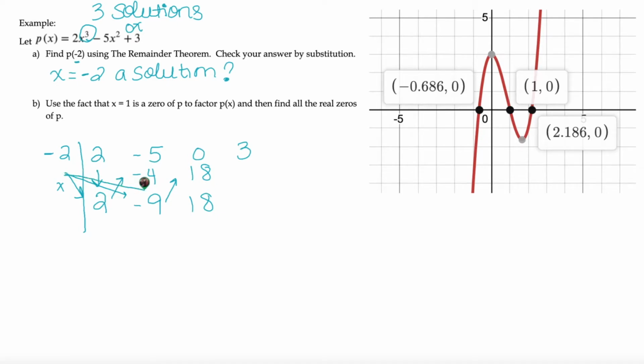Negative 2 times 18 is negative 36. And 3 minus 36 is negative 33. Notice we have a remainder. We have a remainder, so negative 2 is not a solution.